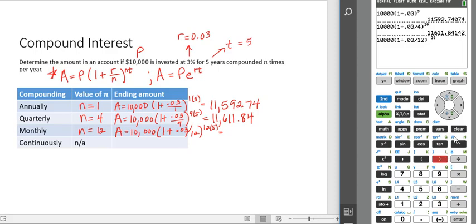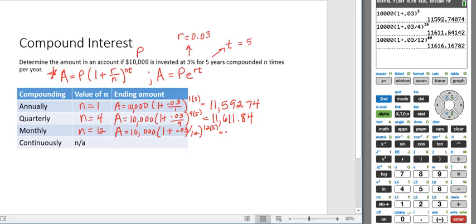Then close parentheses. And then in my exponent, 12 times 5 is 60. And then enter. So in this case, the ending amount is $11,616.17 if we round to 2 decimal places.